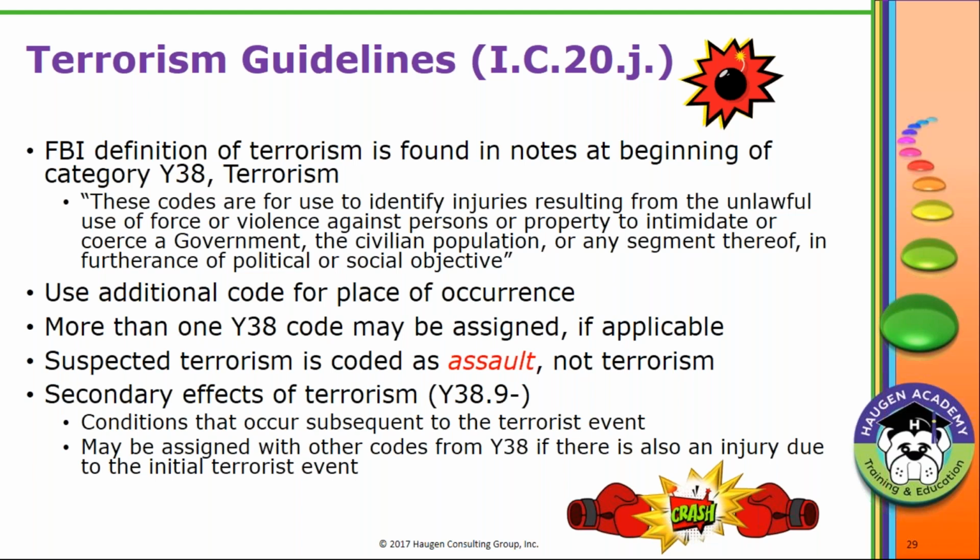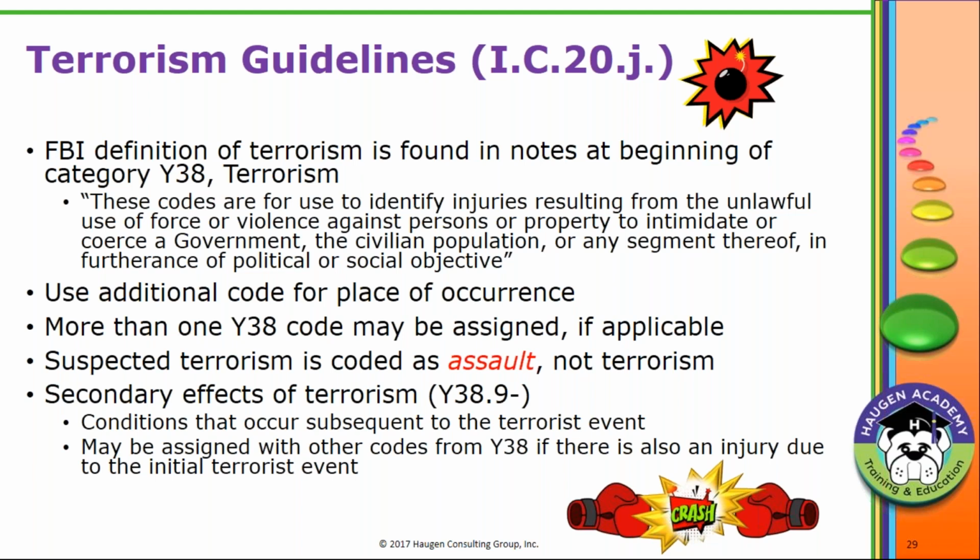So if you're ever watching the national news, when something happens and they say, oh, the FBI is not calling it terrorism yet, there really truly is a definition of what terrorism is. And those are unlawful use of force or violence against persons or property to intimidate or coerce a government, the civilian population, or any segment thereof in furtherance of political or social objective.